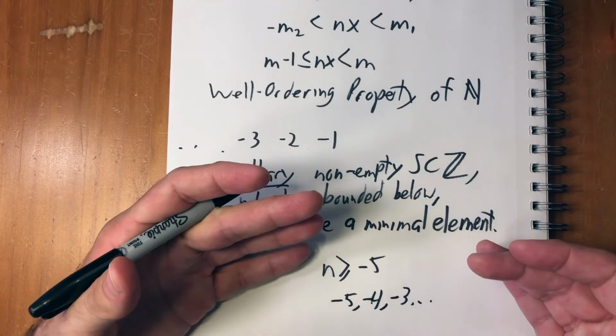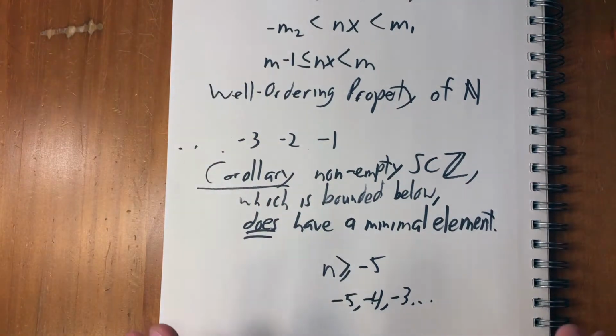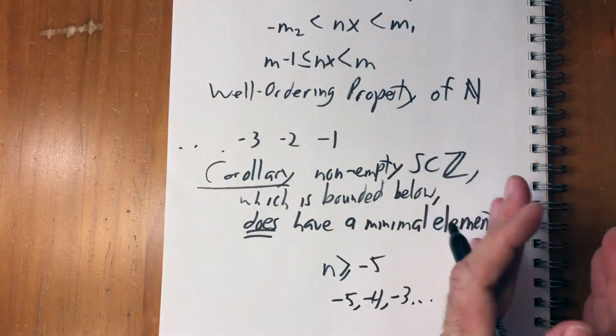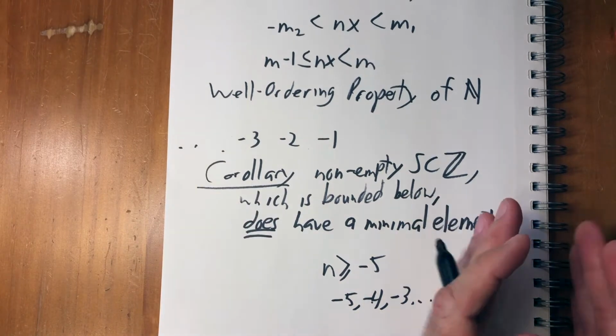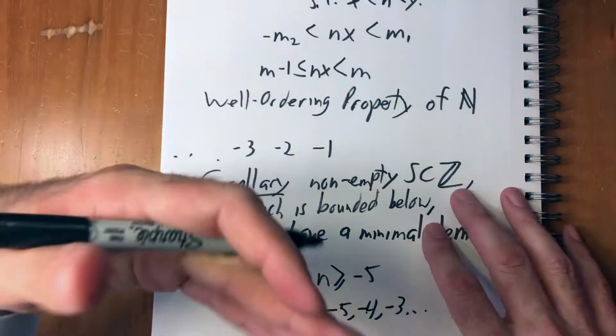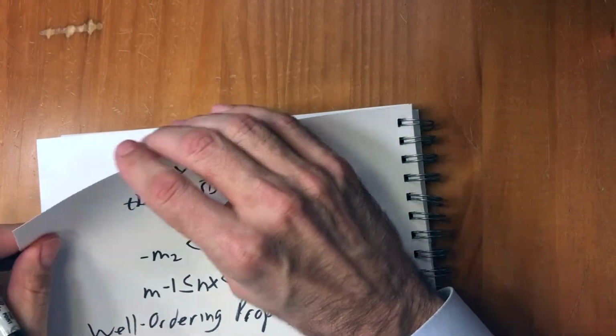That makes it a subset of the natural numbers. We know that the natural numbers are well ordered. So the proof is easy to see. We just need to move the set that we're talking about to the right until it's all above 0. That makes it a subset of the natural numbers, and then we already know that it's true.